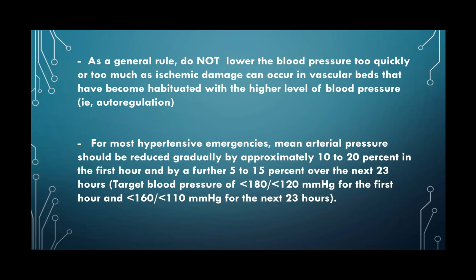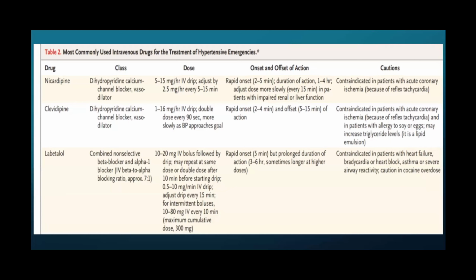And over the next 23 hours, you want to get it less than 160 over 110. Now, in terms of medications, you admit this patient to the ICU, and you have to make sure you place an arterial line because, like we discussed, you cannot rely on oscillometric measurements. You need to titrate these medications very carefully based on what the blood pressure is, so A-line placement is crucial.